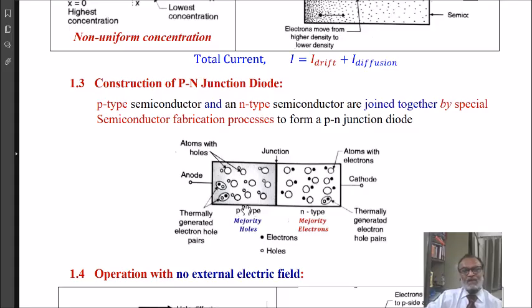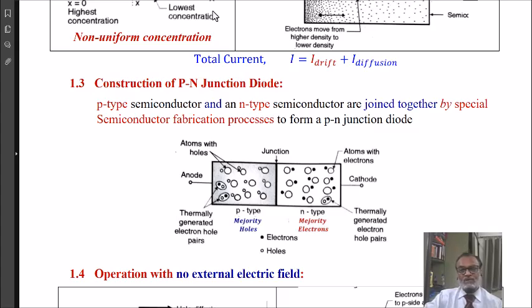Here in p-type material, the holes are in majority, whereas on n side, the electrons are majority. Here also some of the covalent bonds are broken due to thermal energy.